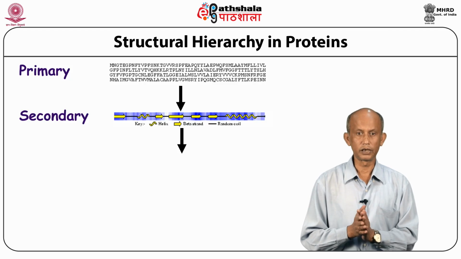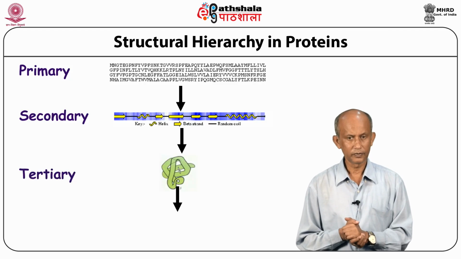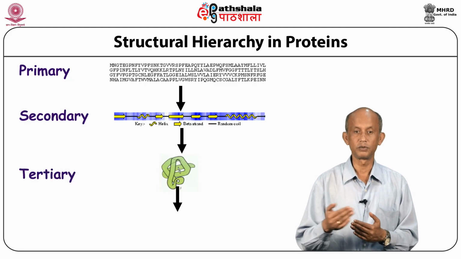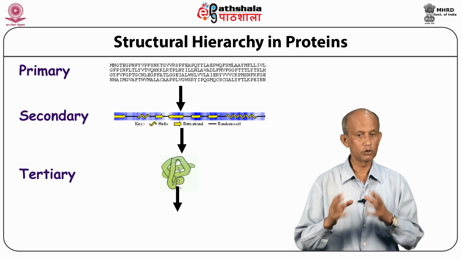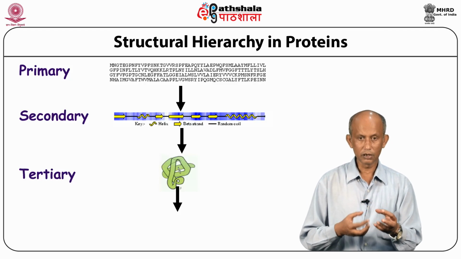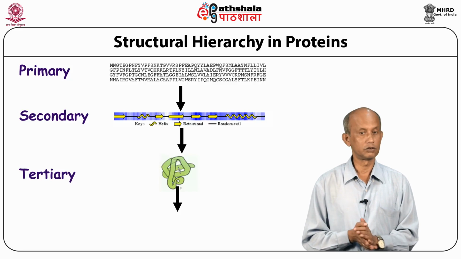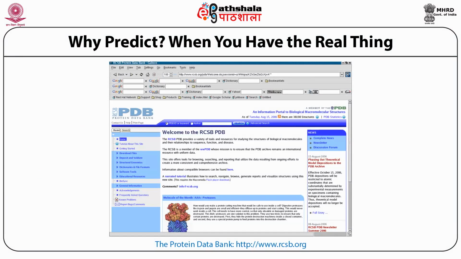Such a kind of folding results in what is known as the tertiary structure. Finally, many proteins are made up of more than one polypeptide, and when a particular protein has more than one polypeptide, these individual polypeptides come together and interact in a very particular way, forming what is known as the quaternary structure of protein.